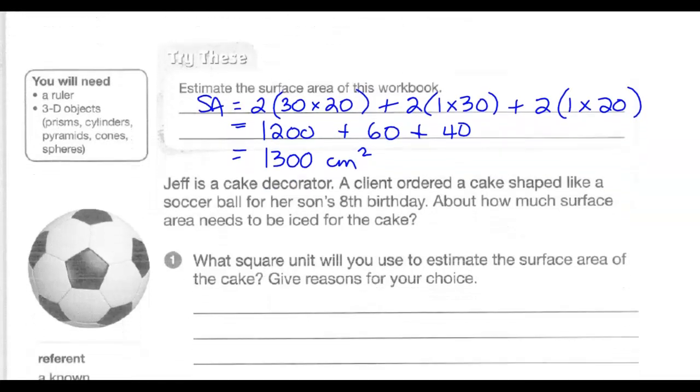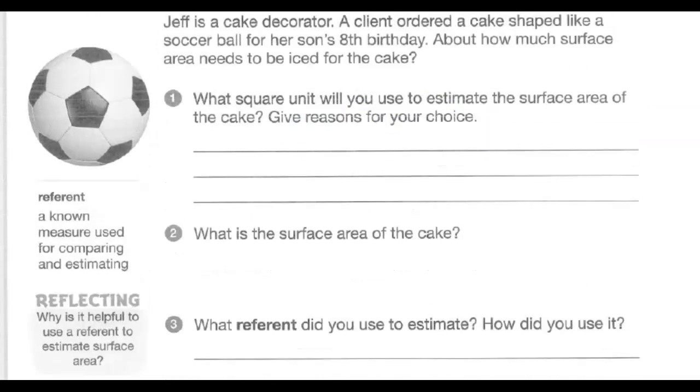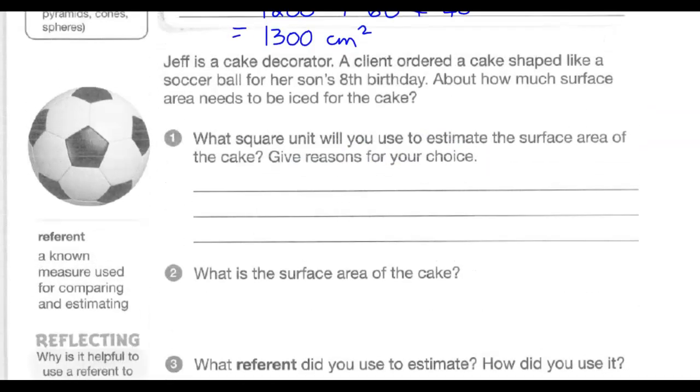So the next, Jeff is a cake decorator. A client ordered a cake shaped like a soccer ball for her son's 8th birthday. How much surface area needs to be iced for the cake if it's a complete soccer ball? What square unit will you use to estimate the surface? You could use inches or centimeters, but that's all I would use.